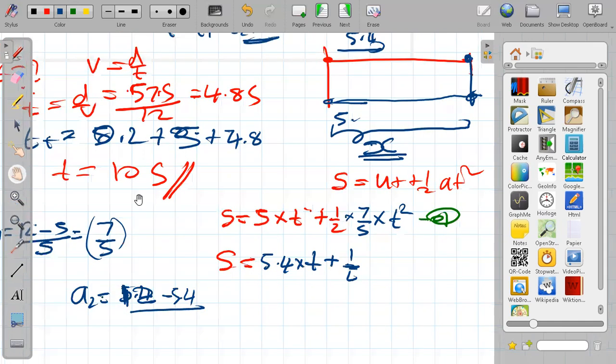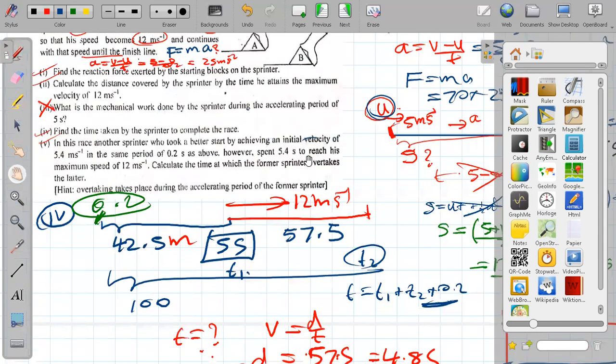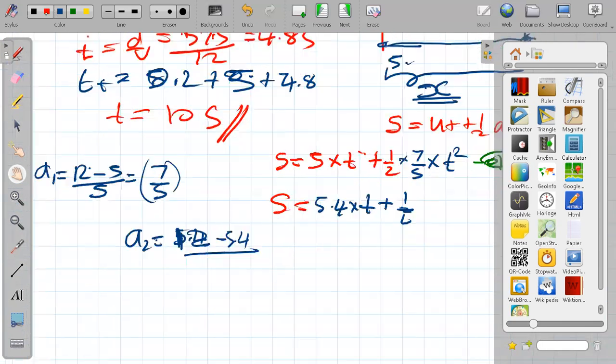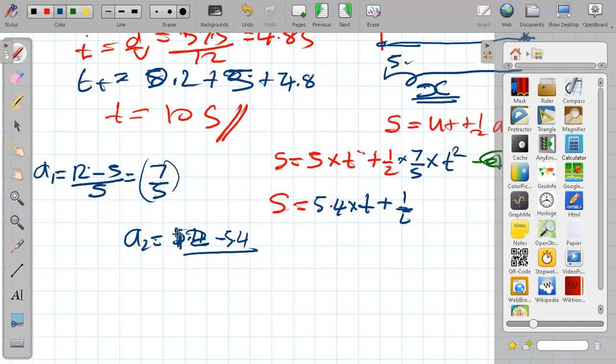It says 12 minus 5.4, no? 6.6, right? Just leave it like this. This is my equation number 2.